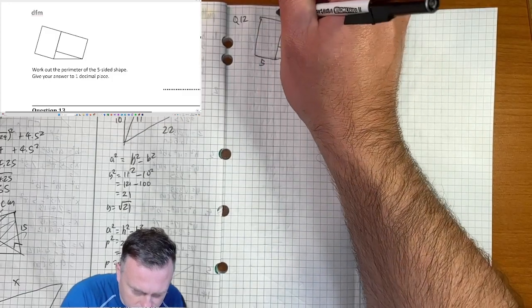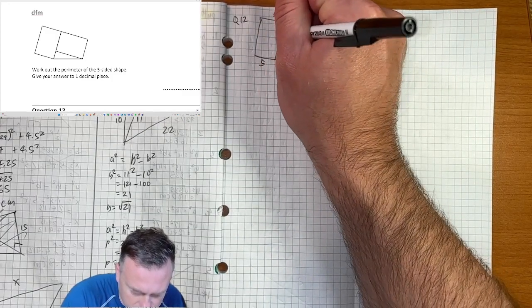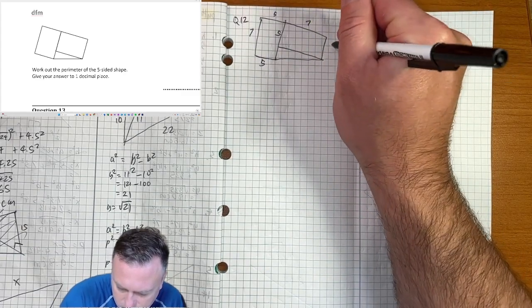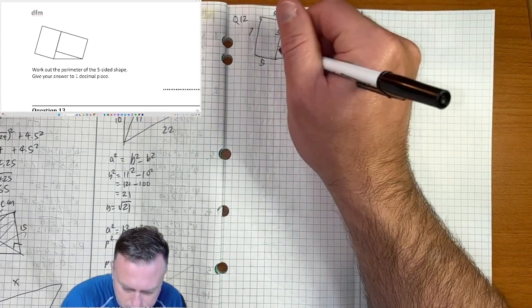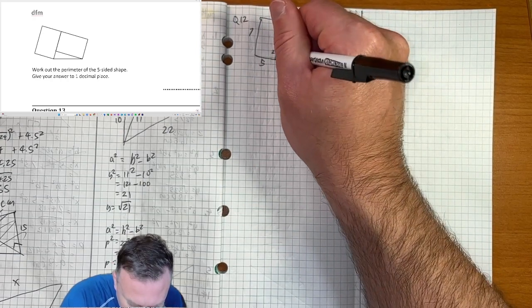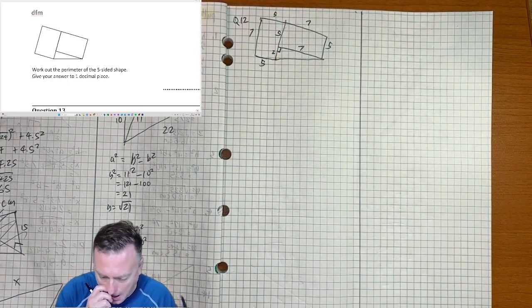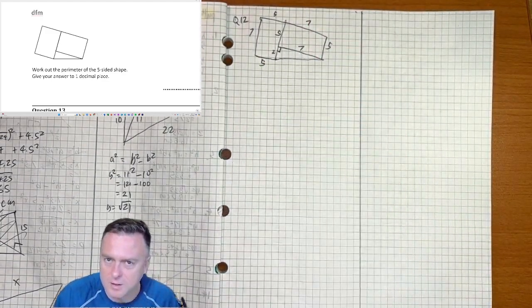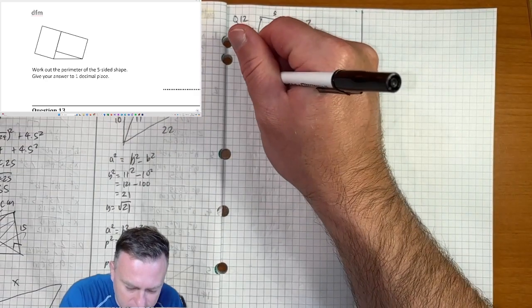So that's a 5, that's a 5, that's a 5, 7. That's a 7, that's a 5, that's a 7, and that's 7 by 5, so then this is just a 2, and that's a right angle there. So we have all the sides, we just need that last little bit, and we know that the dimensions on that is 2 and 5.